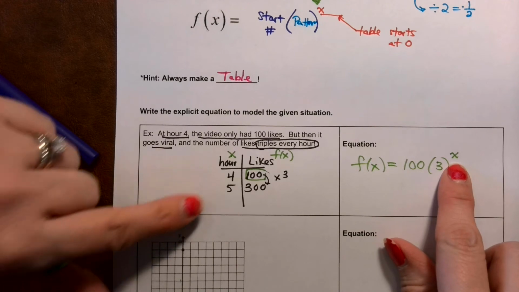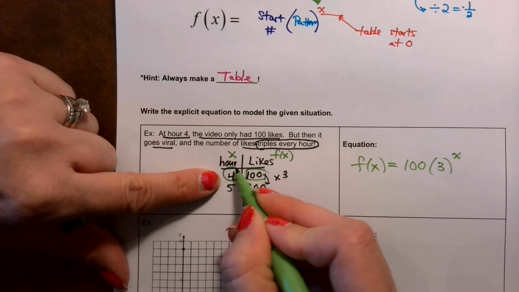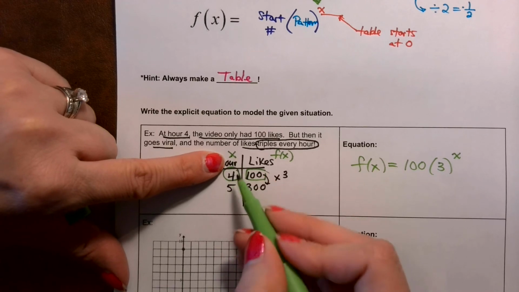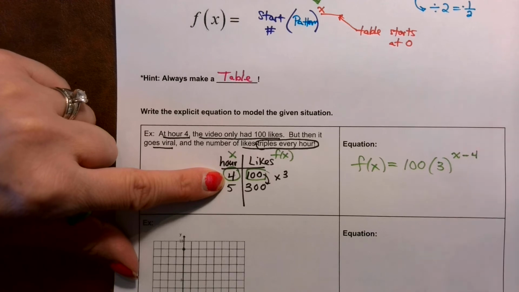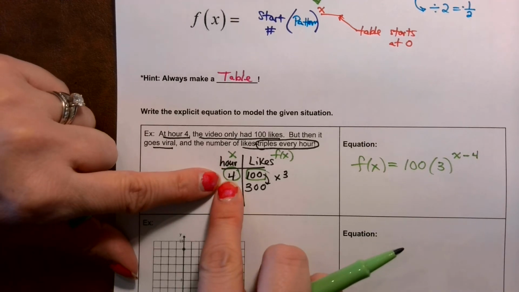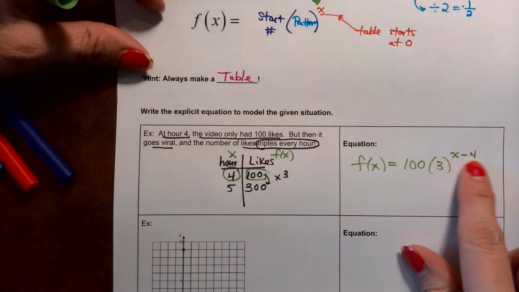Now you have to make sure you look to see if your table starts at 0, which it does not. I'm going to have to adjust the x. How do I get this back down to 0? I need to minus 4. If this was a negative, you'd want to add 4. You want to make sure your exponent here gets down to 0.